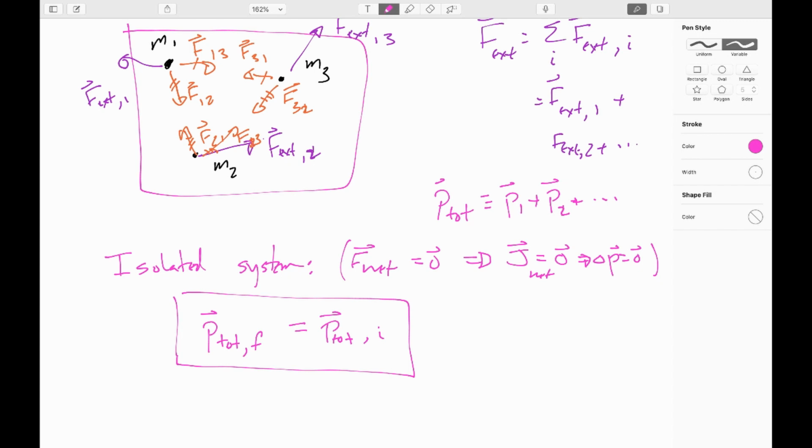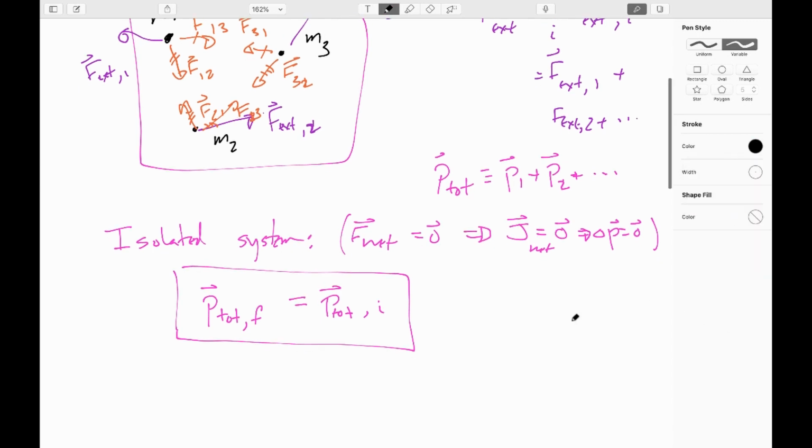And this is indeed what automotive manufacturers do when they're designing their vehicles to get some sense of their crashworthiness, because they need to understand how the vehicle deforms. But if we don't care about how the vehicle deforms and we're only interested in how fast things are moving afterwards, then we can just exploit this fact that the total momentum afterwards is equal to the total momentum initially, and away we go. So let's start doing some examples of this.